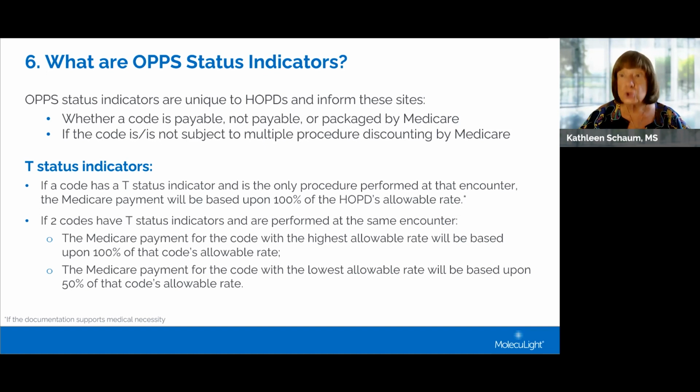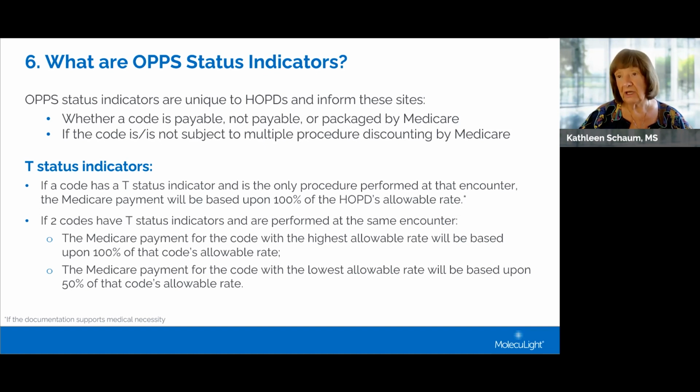Now, if two procedures are performed at the same encounter, and both of their codes are assigned a T status indicator, Medicare payment for the code with the highest allowable rate will be based upon 100% of the HOPD's unique allowable payment rate.